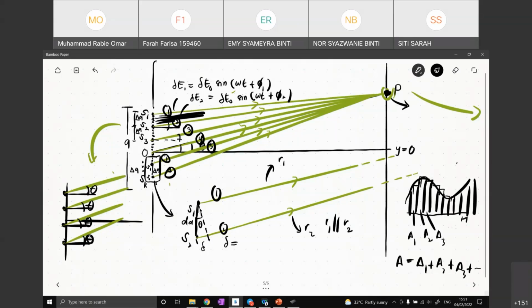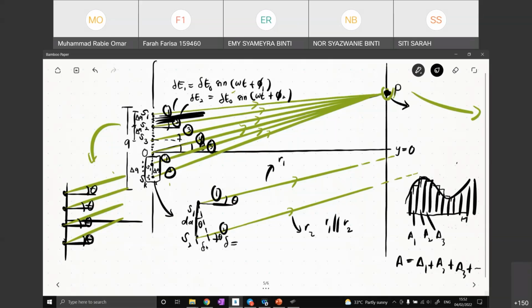So I have my theta here, meaning this is my angle, this is my horizontal line. My horizontal line here is parallel to my principal axis here. I have another angle here. Both of them here and here should be the same.